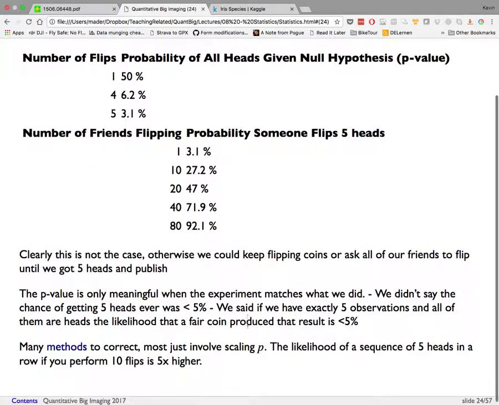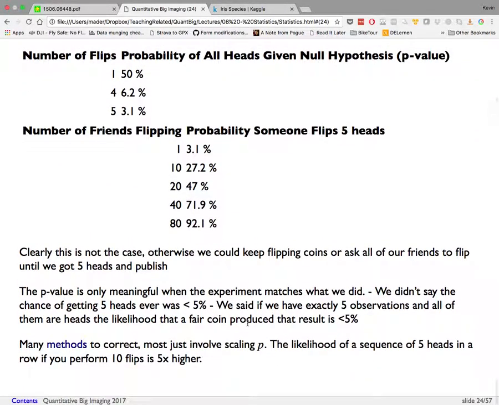And so this is also, again, the issue with performing 10 times as many flips. Many of the methods for doing this involve rescaling that data. So if 80 different people are performing the same experiment, then you set a much higher p-value in order to show that this is in fact significant.